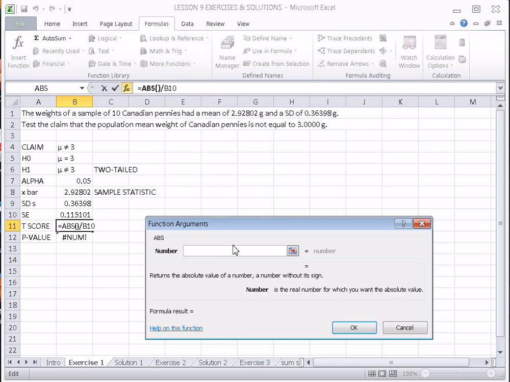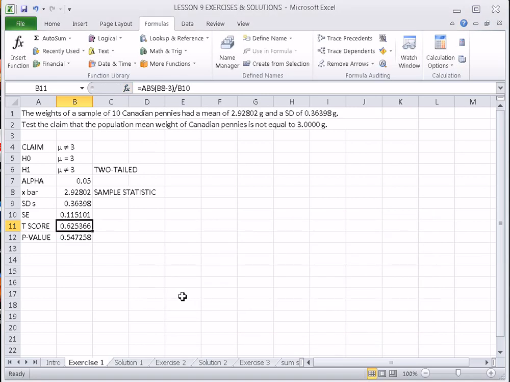So we want the absolute value of the x bar minus the 3. And yep, that was it. So it looks like for a t-dist 2t, we also need to use a positive z-score. So that was good.